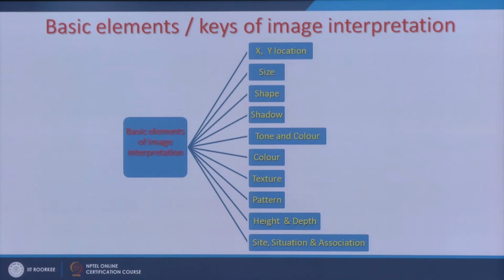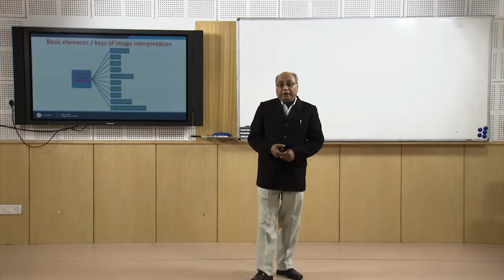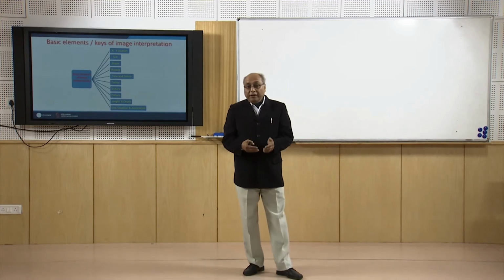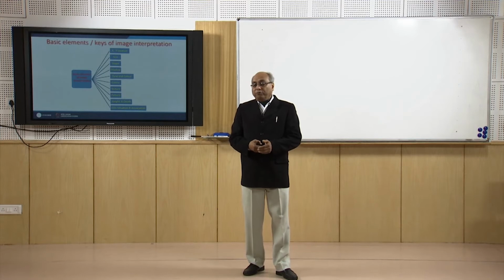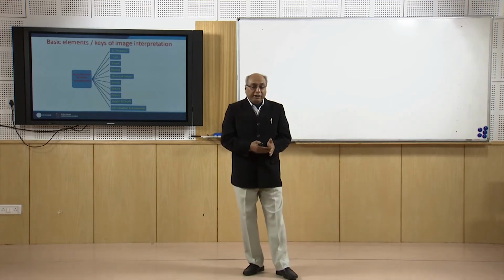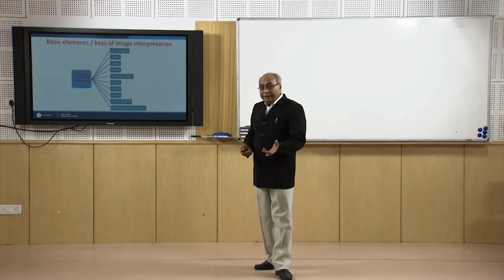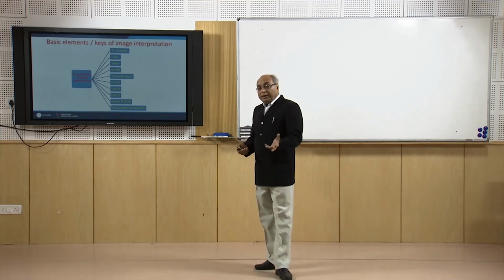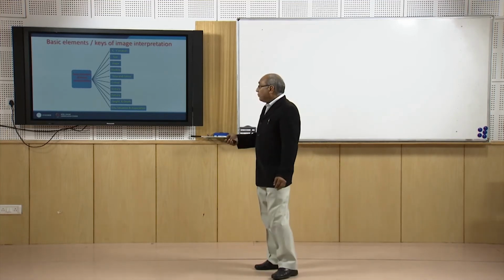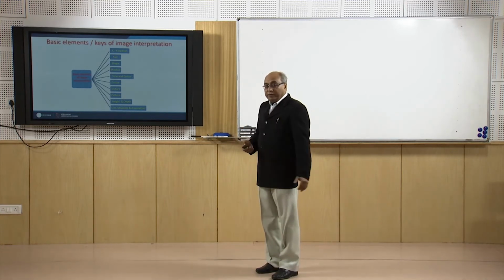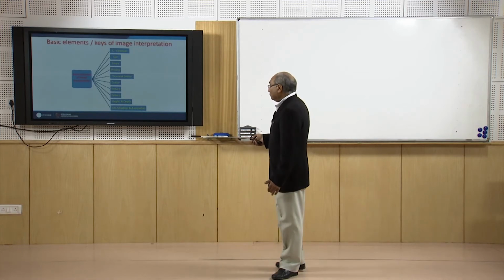Shadow also gives us a lot of information about an object, especially in hilly terrain. It gives you a feeling about depth, or depth perception, whether it's a valley or a ridge. In plain areas you may not have shadows, but if there are some objects present, like a tall building, they will always have shadows in daytime images.